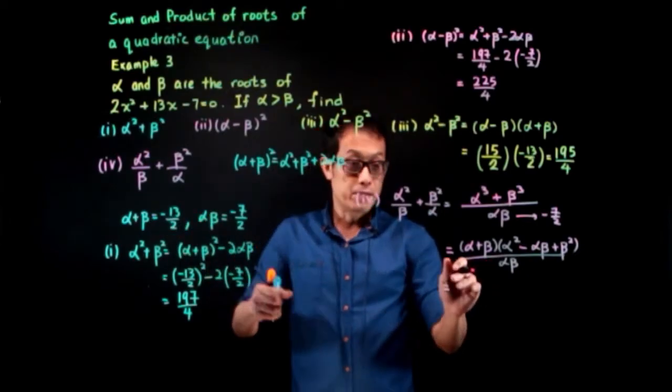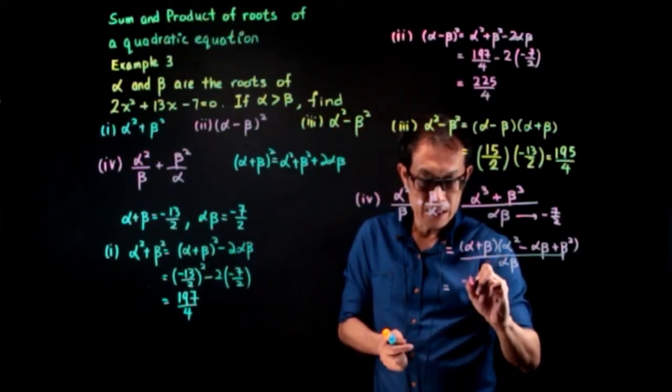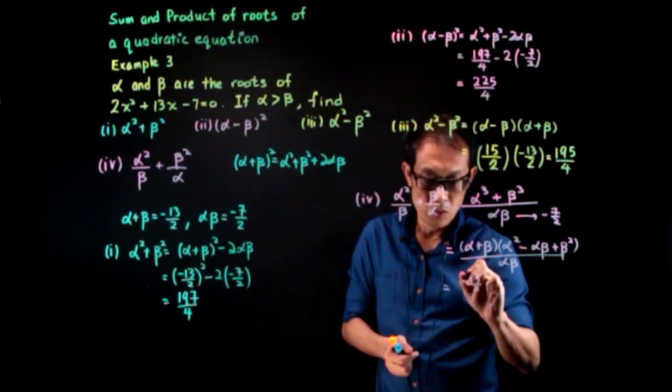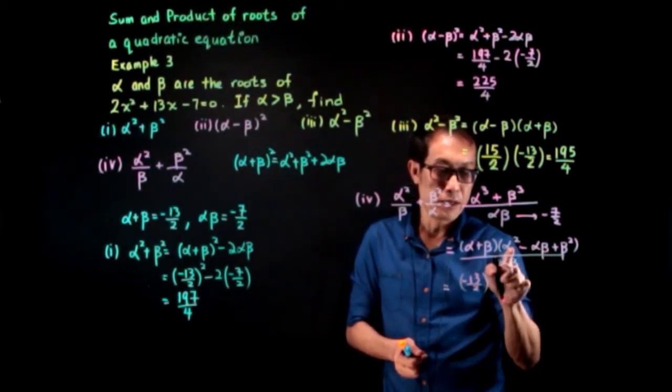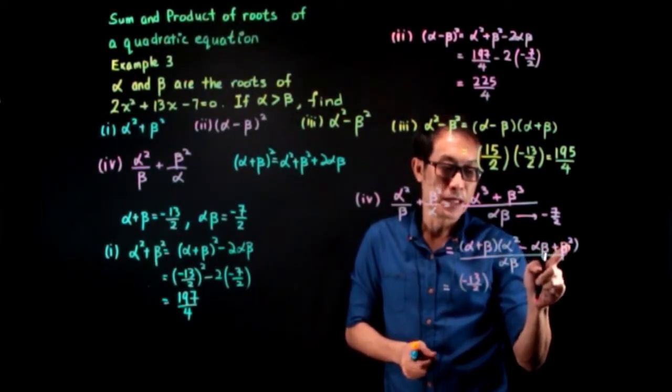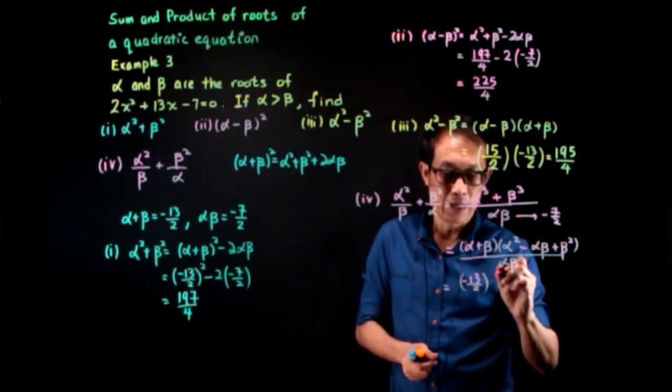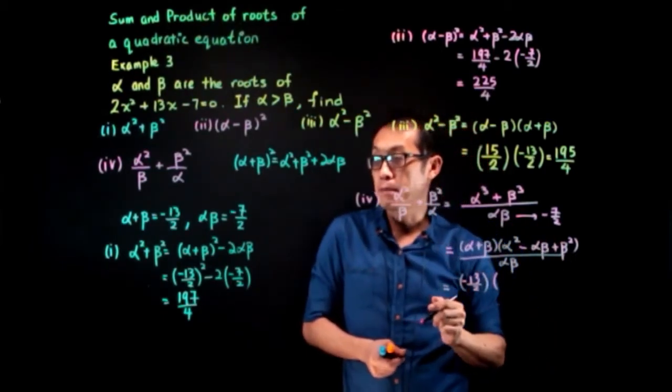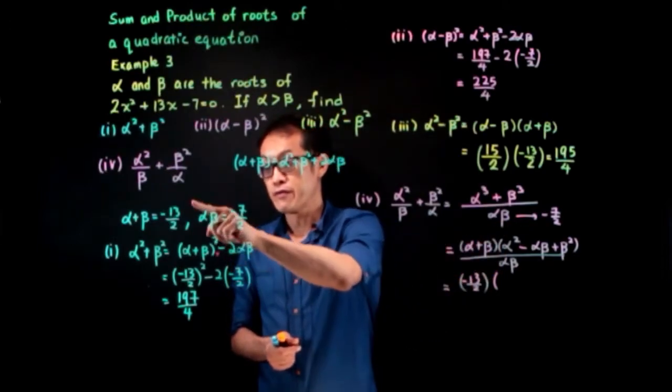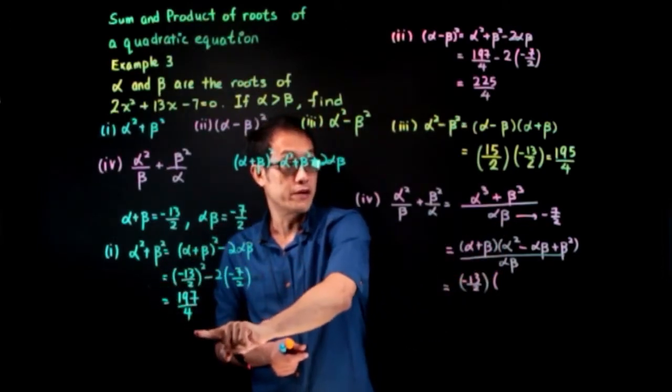Okay, so what is alpha plus beta? It is minus 13 over 2. Now, the other factor can be written as alpha squared plus beta squared minus alpha beta. What is alpha squared plus beta squared? We have found it here.